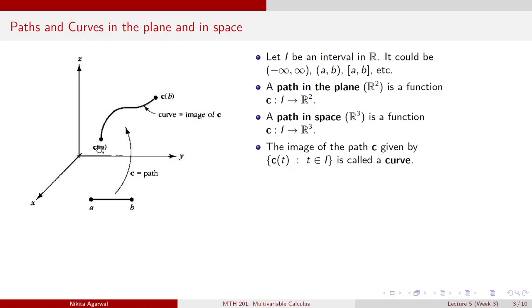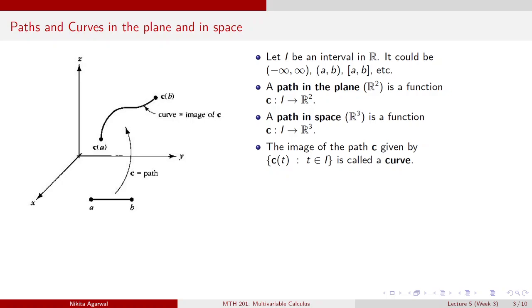It starts at C(A), which is the image of A under C, and ends at C(B), the image of B under C. This function C is called the path, and the image, the curve that you see, is called the curve. This is a curve in R3, and this is a path in R3. You can have a similar picture in R2 as well.